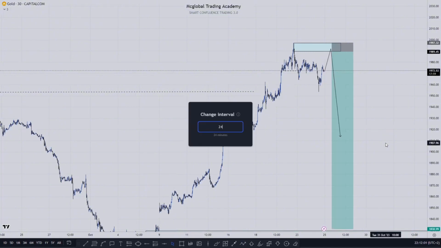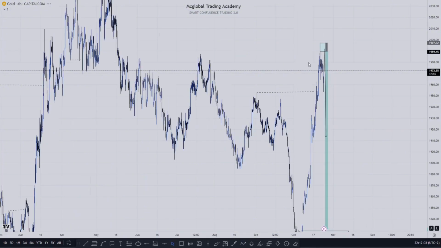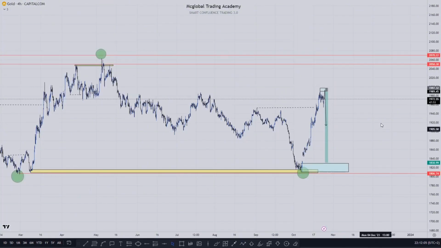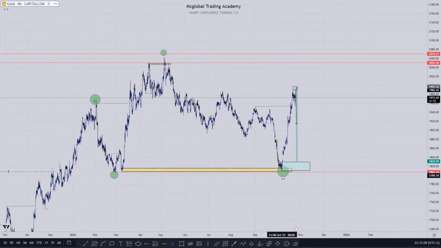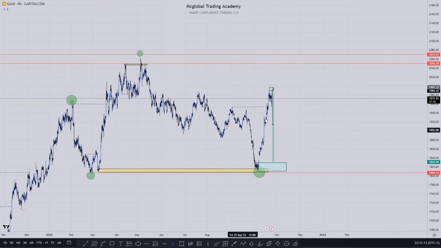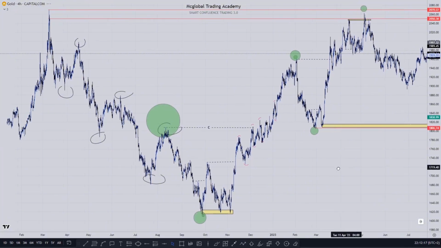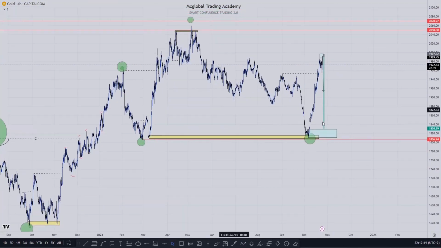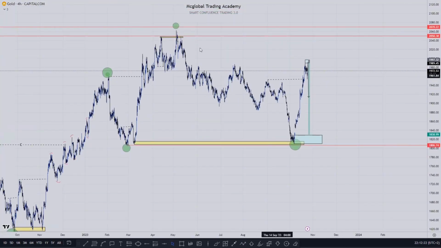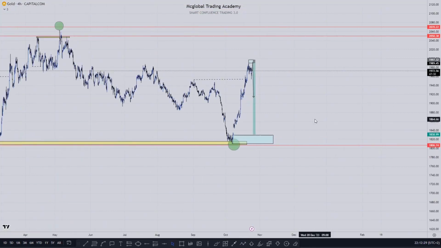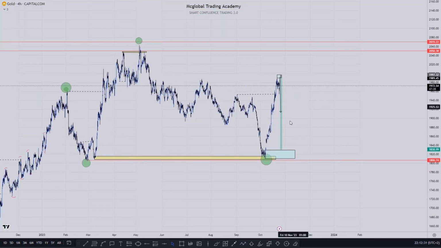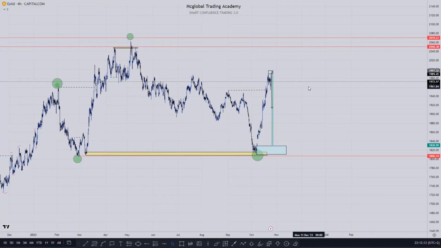Let me go back to the 4 hour so that you see the structure more simply. So here they now have a higher low. Once you have a higher low, markets must go up. But it won't just go up in a straight line. They changed this inside character or this inside structure here. So they are pulling back into a discount as well as an untapped demand before they continue, which is collecting liquidity before they go up.